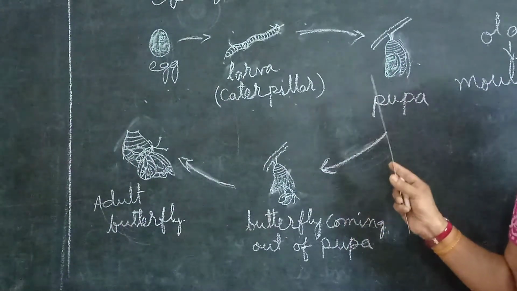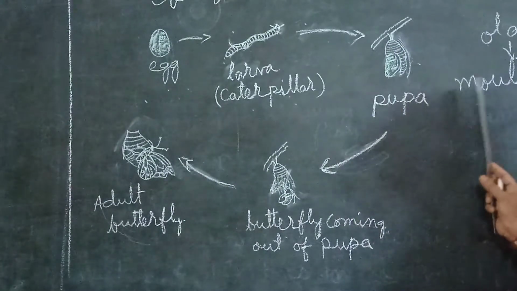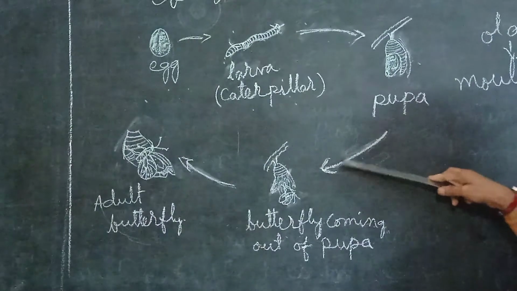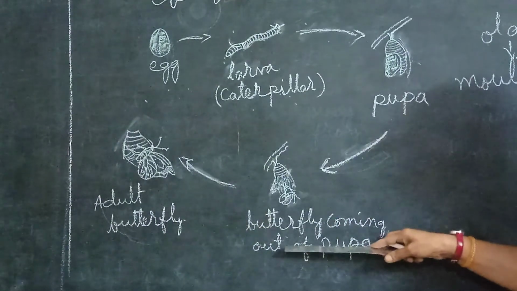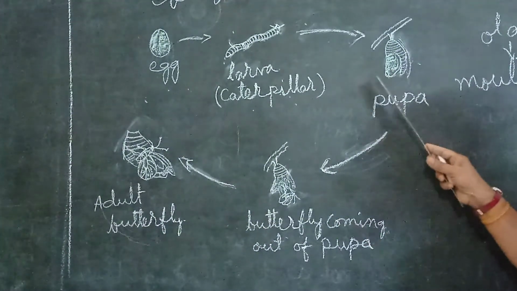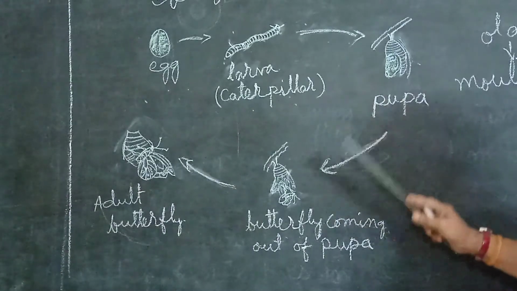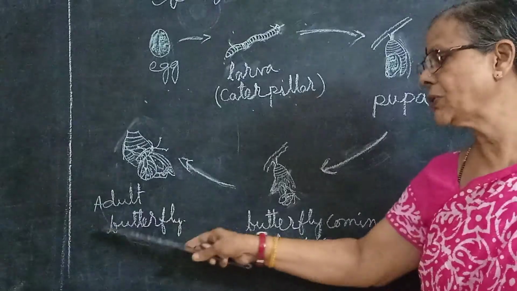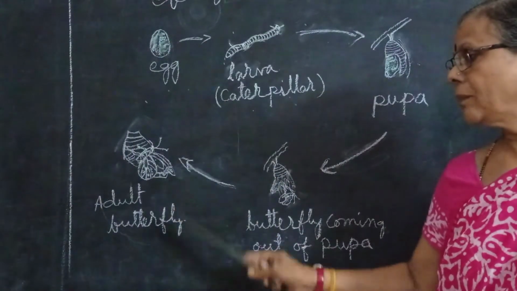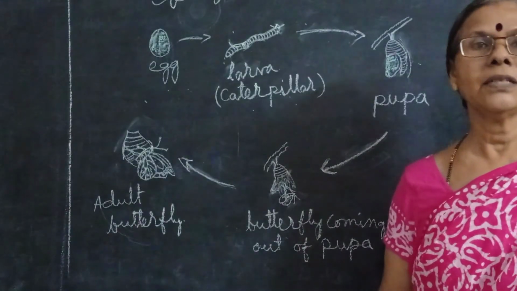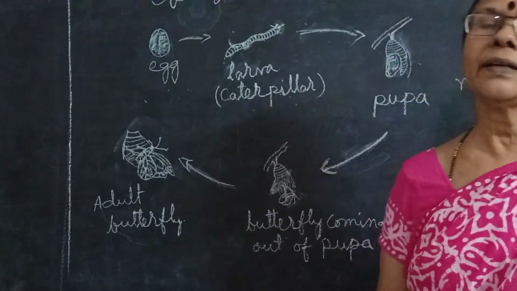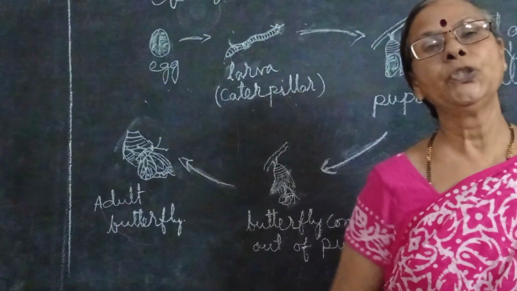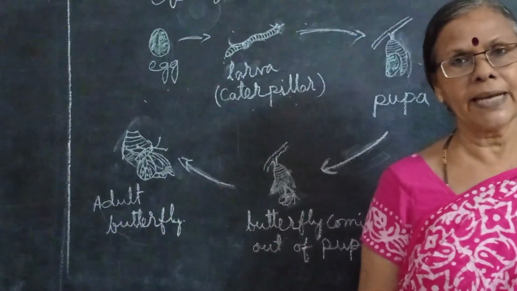The shedding of old skin is called molting, and the young butterfly comes out when the pupa bursts, and it changes into an adult butterfly. Children, please read this paragraph again and again and practice drawing this diagram.